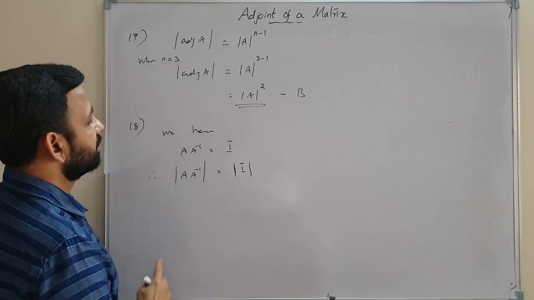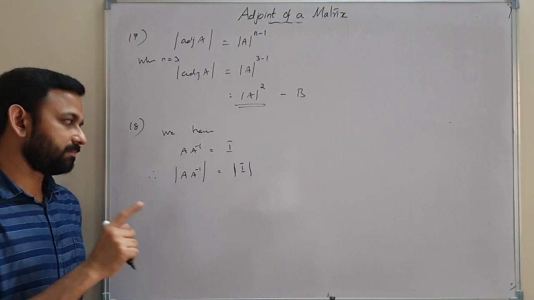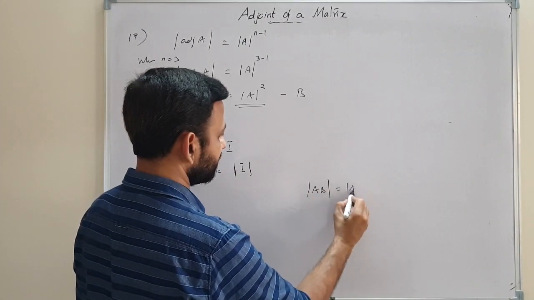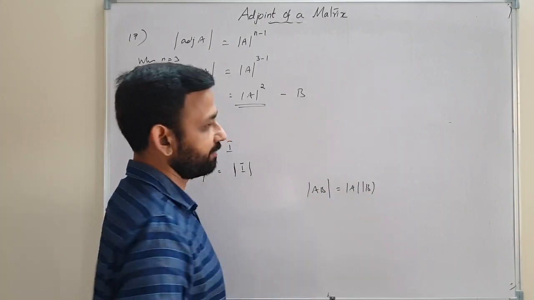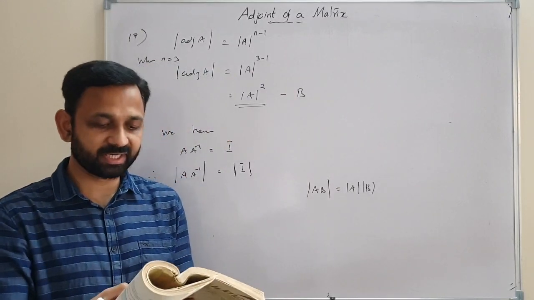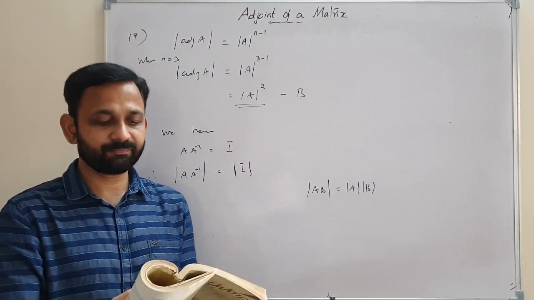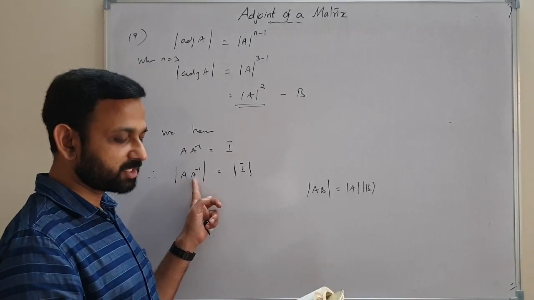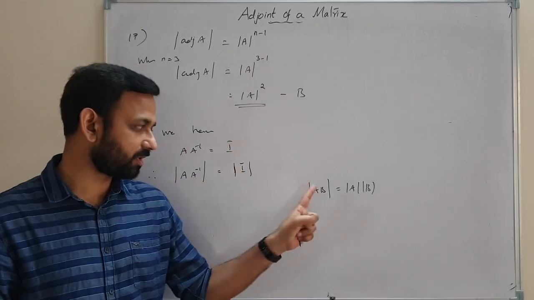Then, by using the theorem, determinant of AB is equal to determinant A into determinant B if A and B are square matrices of same order. So here A and A inverse, both of them are square matrices of same order, order 2.